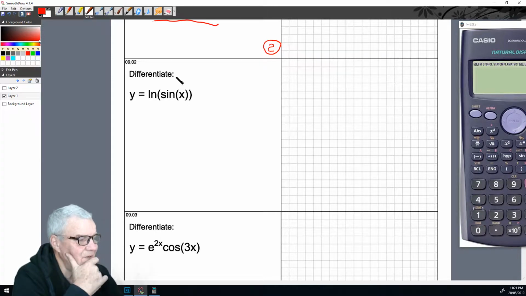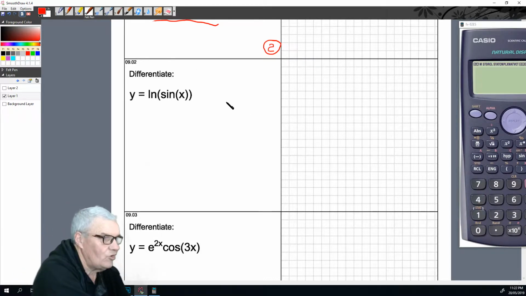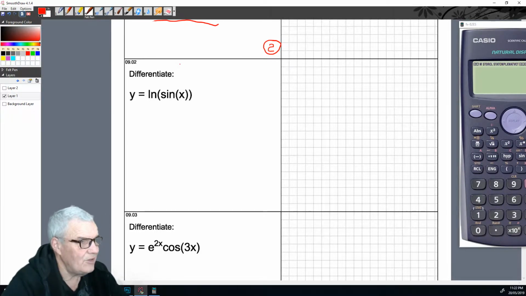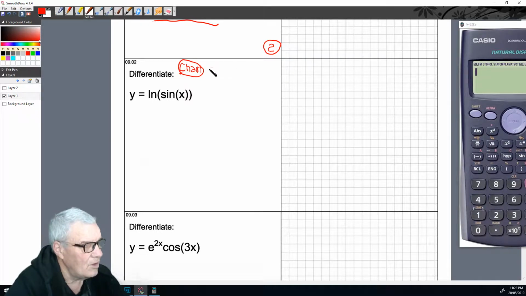So once again, I think we're going to have to use the chain rule here. That's the one we're going to use. I'll just circle that. Chain rule.